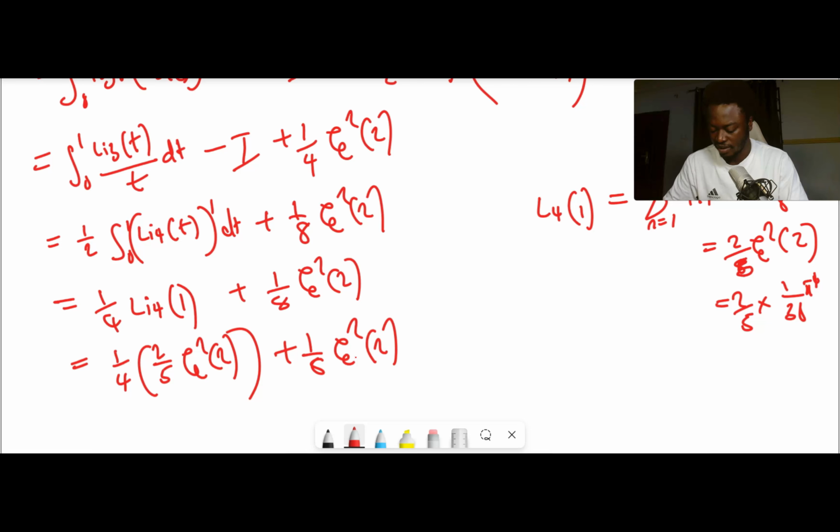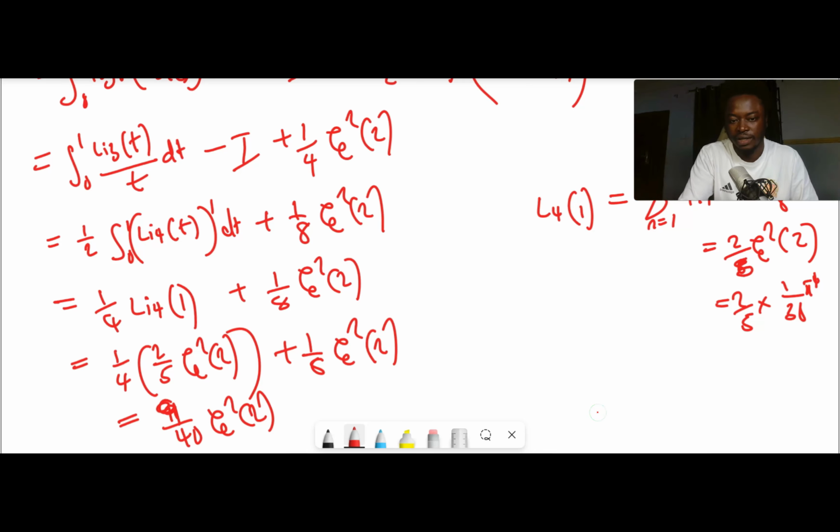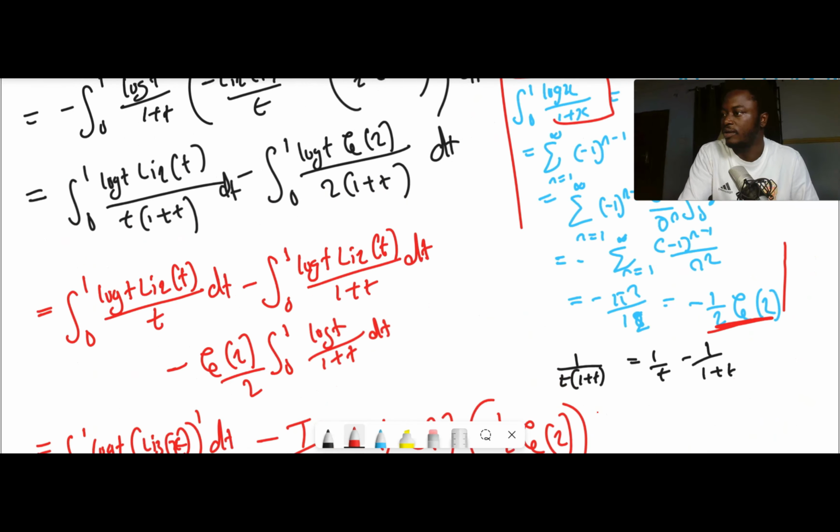So you have 1 divided by 10 plus 1 over 8. So you have 9 over 40 zeta squared of 2. Okay, let's see, is that the answer we started off with?